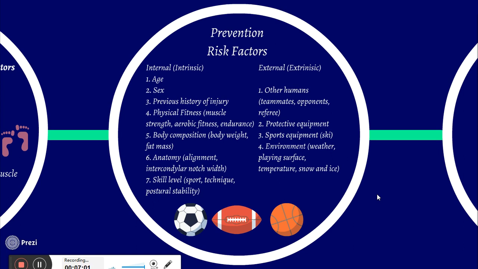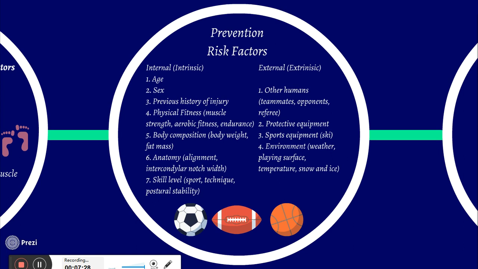That's related to age, sex, having an injury previously, muscle strength, fitness, body composition, anatomy, alignment, intercondylar notch width, which is big when we talk about ACL injuries, skill level, sport technique, postural stability.